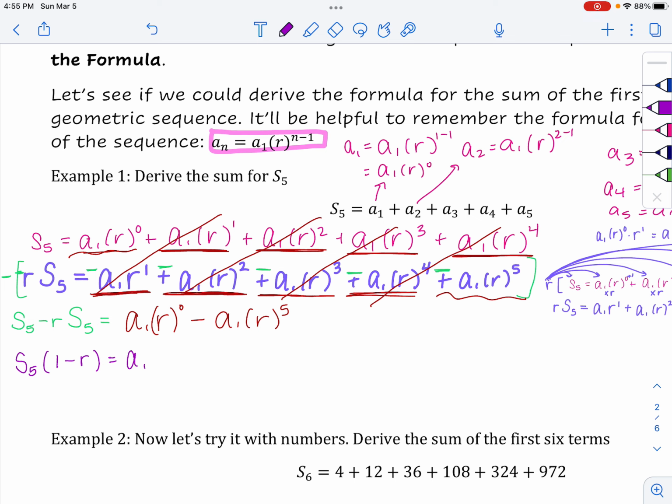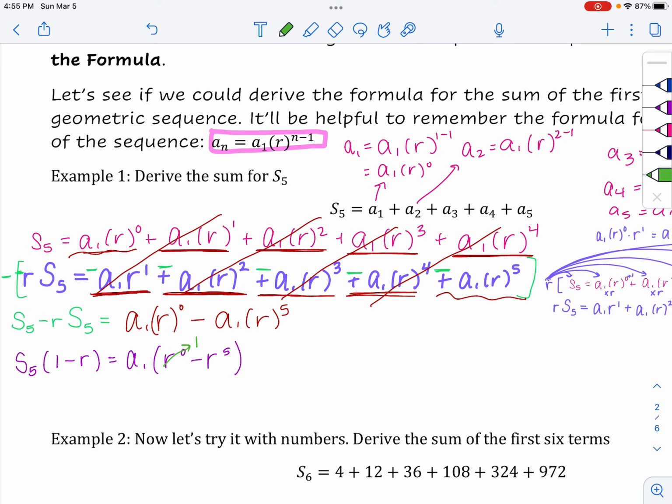So A sub 1, and I'm left with R to the 0 minus R to the 5th. Now, those both have the base of R, but because they're being subtracted, I cannot condense them at all. But there is a little bit that we can simplify. Do you see it? What is any number, variable, anything raised to the 0 power? It is always equal to 1.